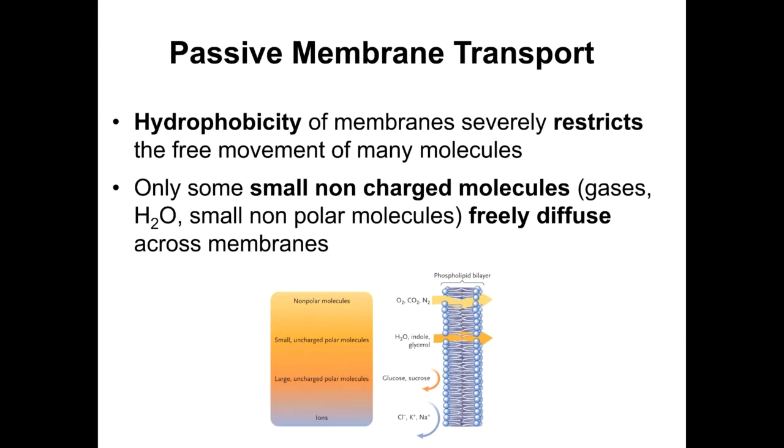They have a very hard time going through a hydrophobic environment such as the membrane. However, there are some tiny molecules, like oxygen, carbon dioxide, and some small non-polar molecules, that can still manage to freely diffuse across the membrane. Not all molecules need the help of a transporter or something else. Small non-charged molecules, such as small gases, water, and some small non-polar molecules, can actually freely move across this membrane.